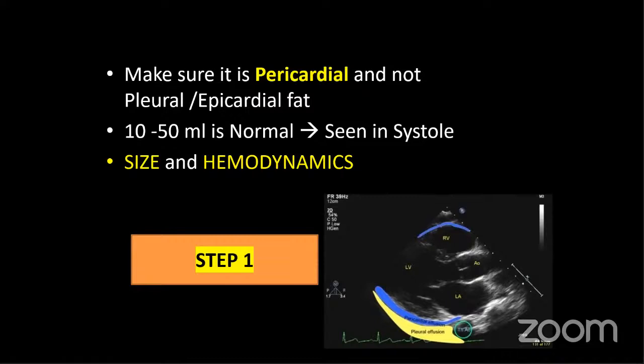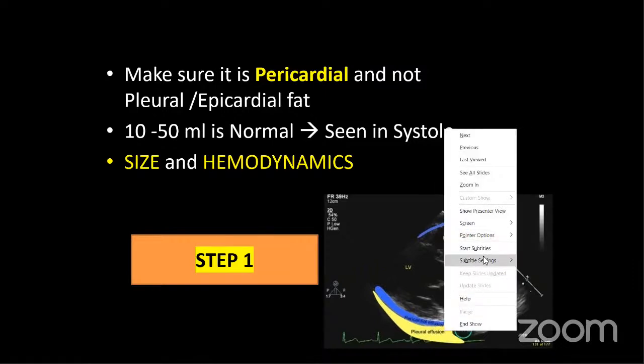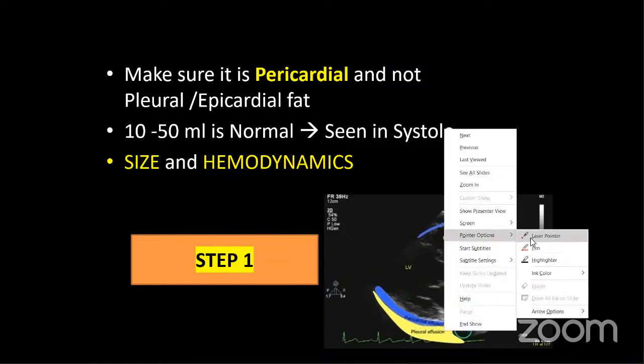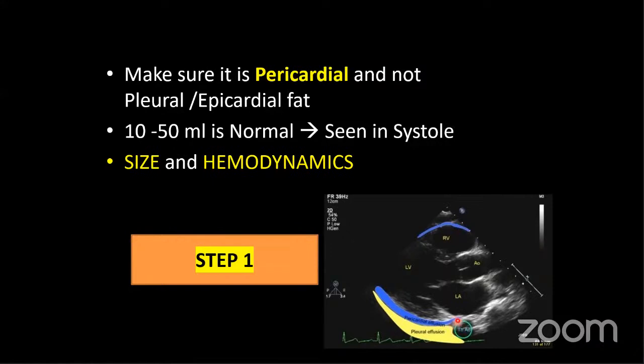So whenever you see a hypoechoic fluid here, you always look for the thoracic aorta in the PLAX view. This is the first view. I hope you can appreciate that.